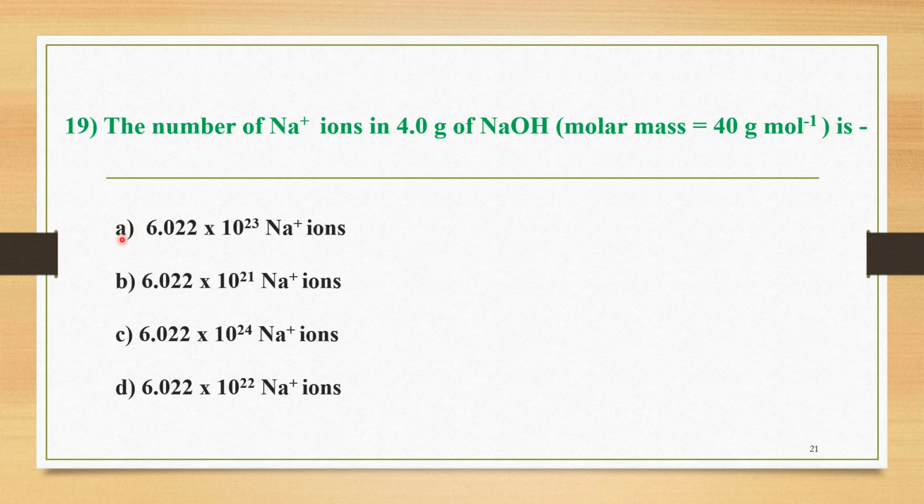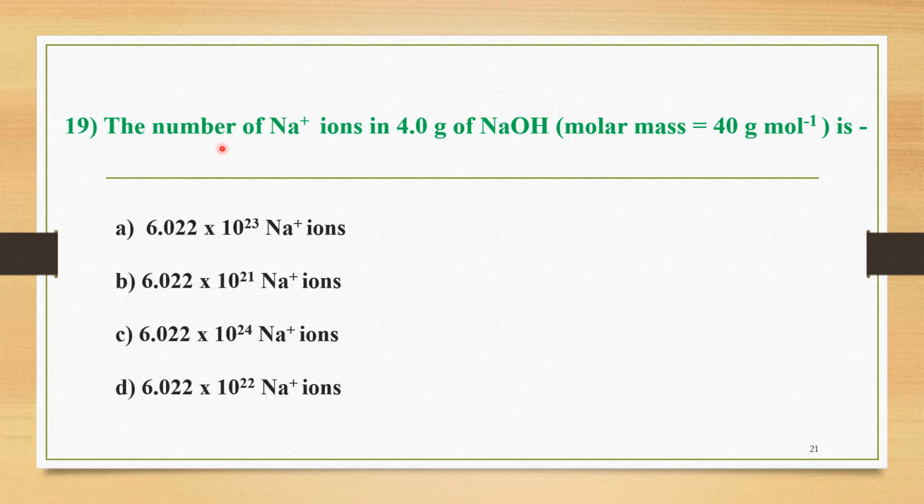And the four options are: A is 6.022 into 10 to the power 23 sodium ions, B is 6.022 into 10 to the power 21 sodium ions, C is 6.022 into 10 to the power 24 sodium ions, and D is 6.022 into 10 to the power 22 sodium ions.